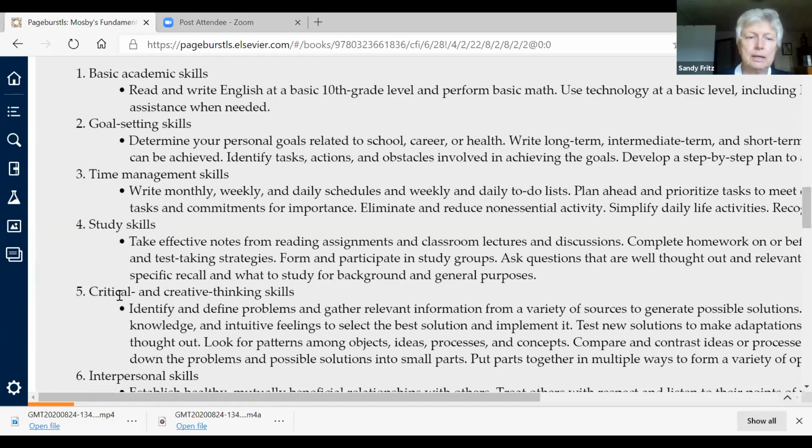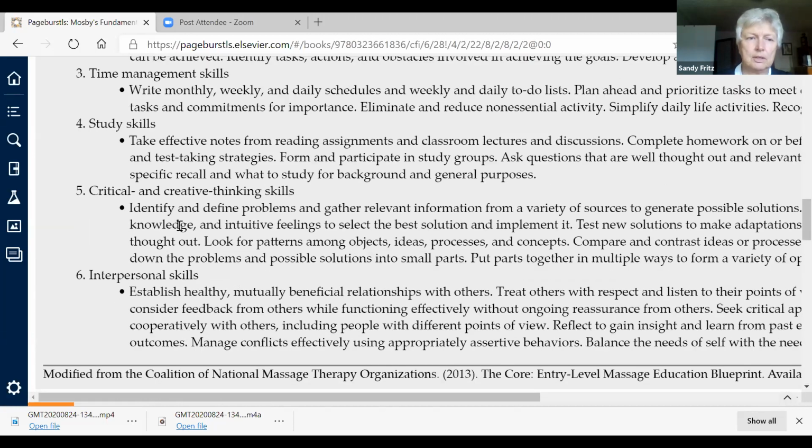The same with critical and creative thinking skills. The textbooks are written with this in mind. It's embedded. The questions that you'll be asked in the classroom, seldom will you get a specific answer. We'll try to get you to come to that answer on your own.